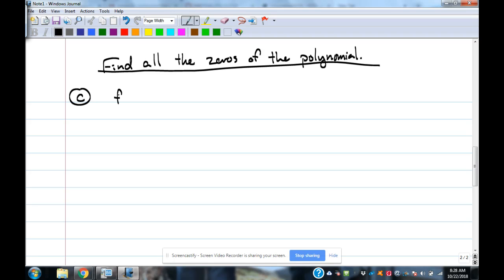Okay, so let's start with this function. f of x is equal to x cubed minus 8x squared plus 11x plus 20. Before we do anything else, we're going to get our P over Q list. What are the factors that go on top?